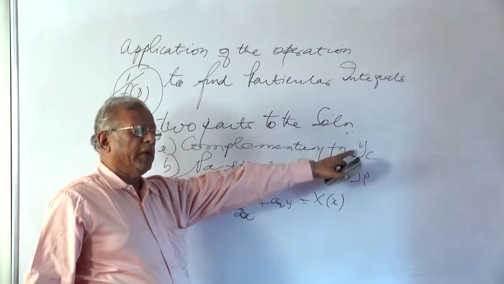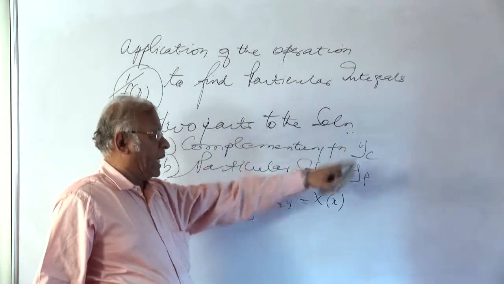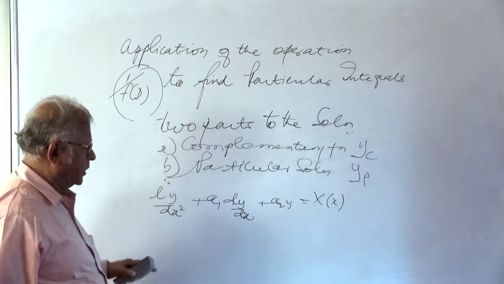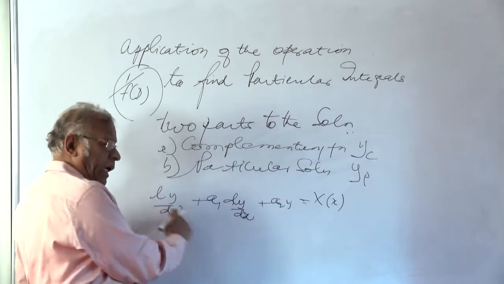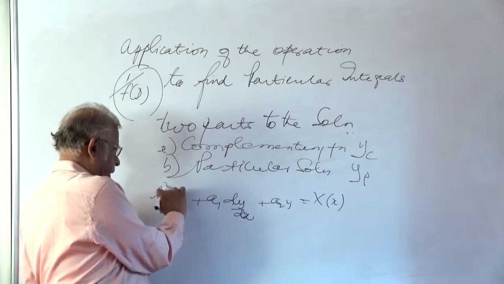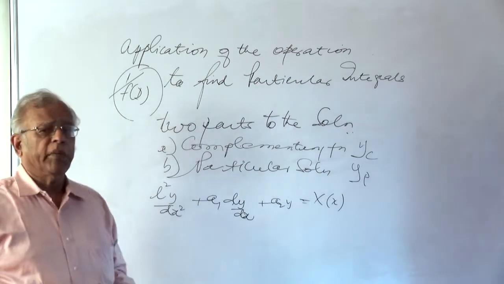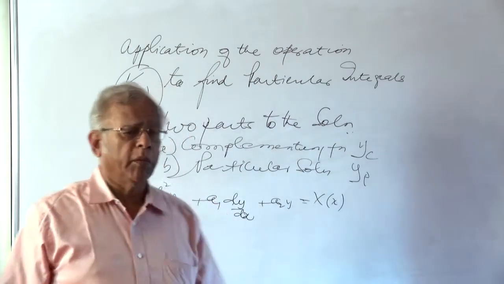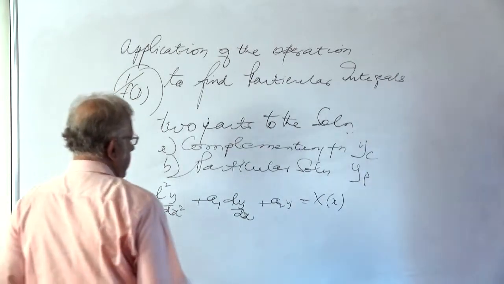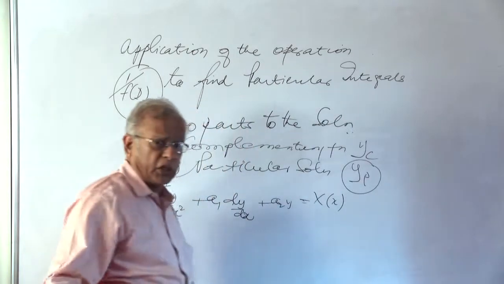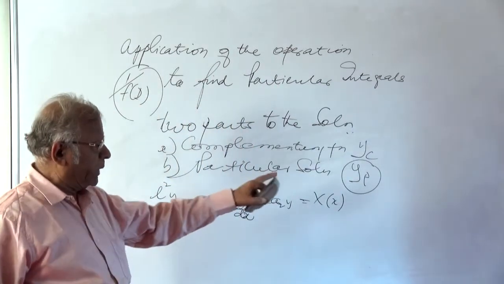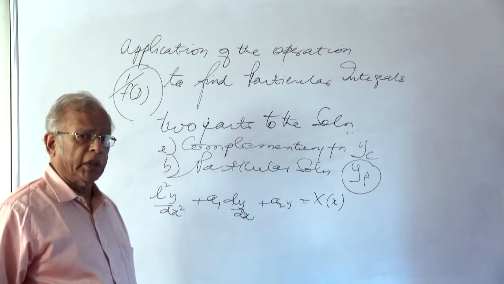Now, this complementary function has as many independent arbitrary constants as the order of the equation. So for any equation like this, there is bound to be a complementary function that has two independent arbitrary constants. But the particular integral is the focus of our discussion here, and that will be without any arbitrary constants.